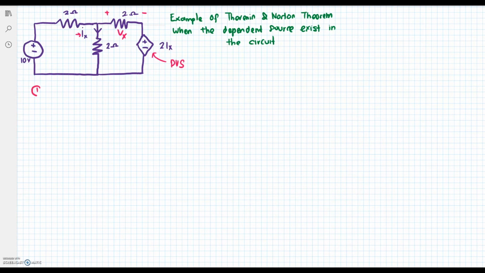So for the first step, remove the RL. RL is 2 ohm. Remove the RL, okay, and then the circuit will look like this one. You have to draw the circuit.